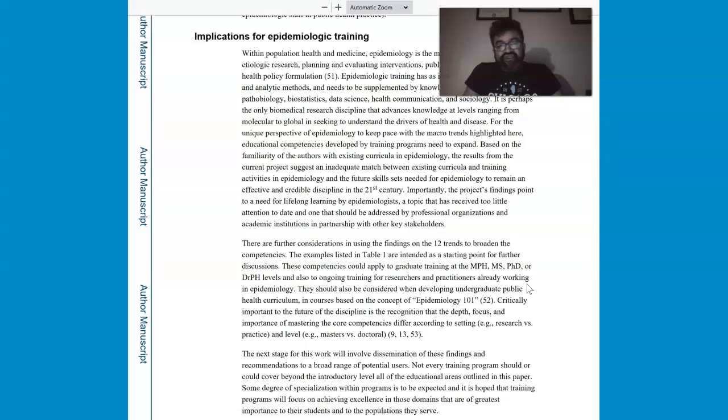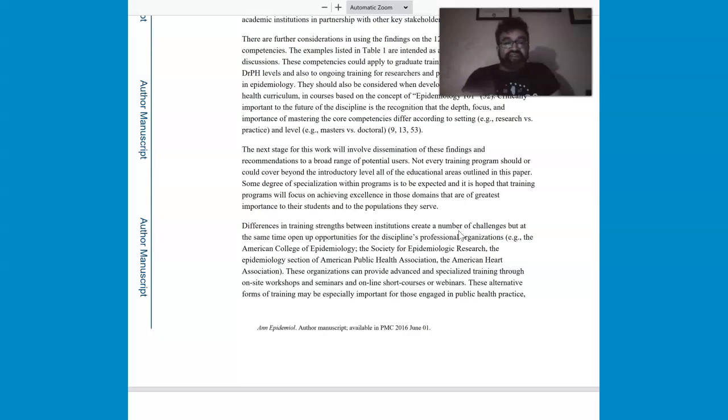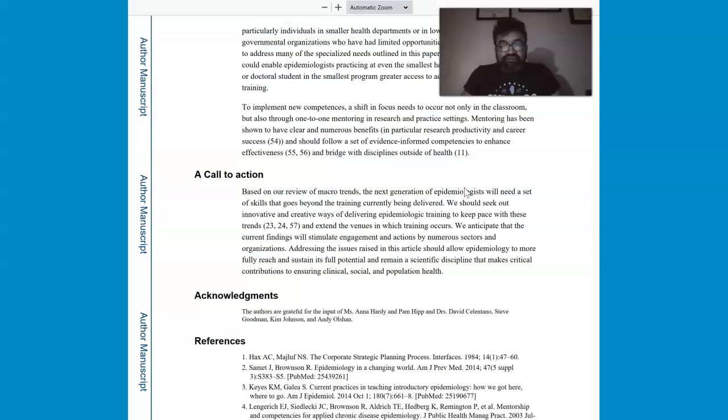Of course, there are 12 trends to broaden the competencies, but in the next stage, for dissemination, the American College of Epidemiology does a lot of work with this, so it's important to seek innovative and creative ways of delivering training to keep pace with some of the newer trends, and hopefully this will stimulate more engagement and discussion as to how we can provide more technological enhancements in order to revolutionize the teaching of epidemiology.